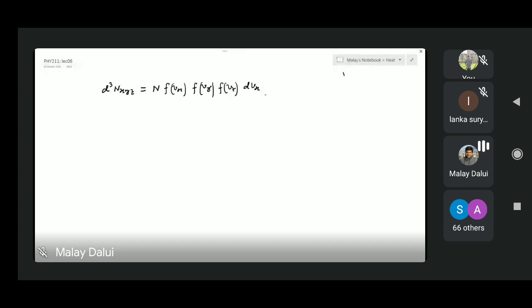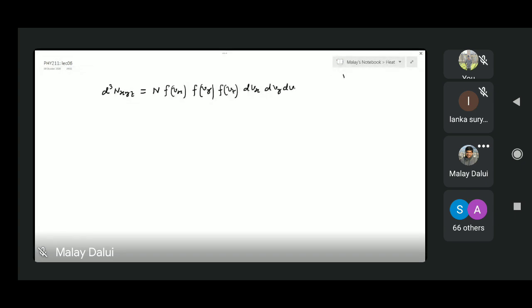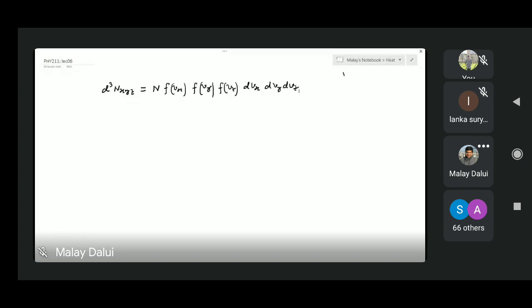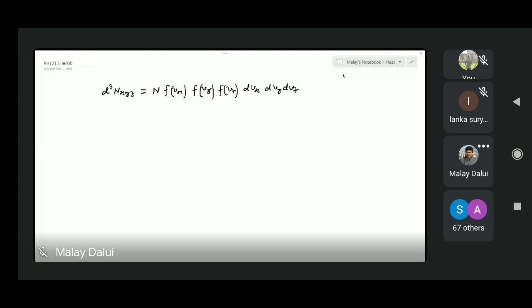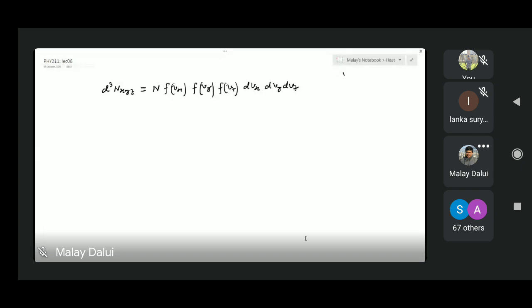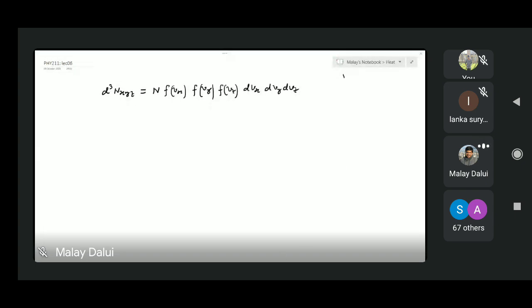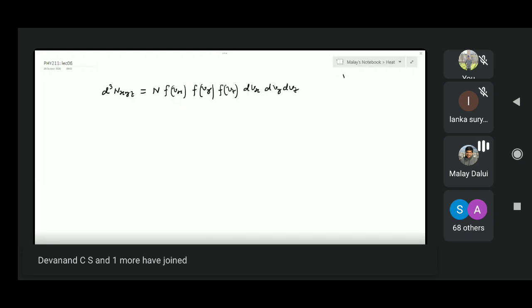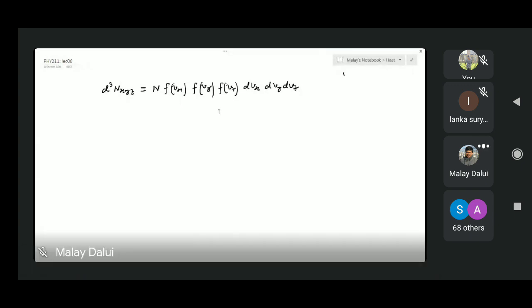Then we had the volume element in velocity space. So we'll insert the expressions for f of vx, f of vy, and f of vz into this equation.